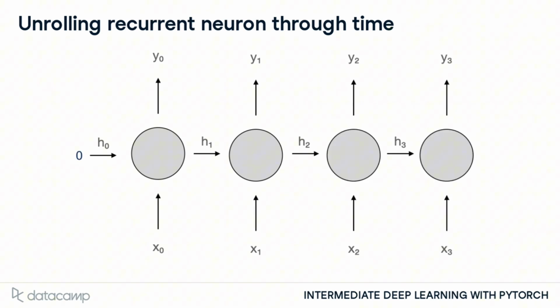And so it continues until the end of the input sequence. Since at the first time step there is no previous hidden state, h0 is typically set to 0. Notice that the output at each time step depends on all the previous inputs. This allows recurrent neural networks to maintain memory through time, which allows them to handle sequential data well.